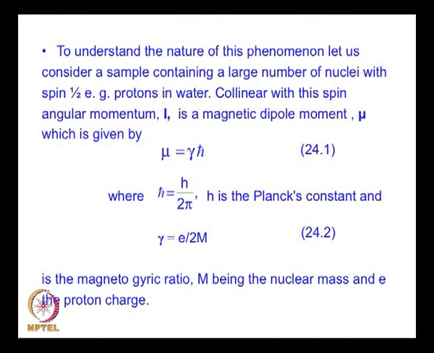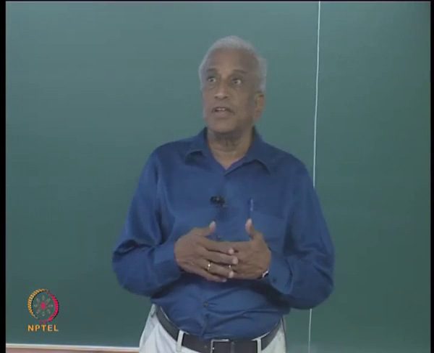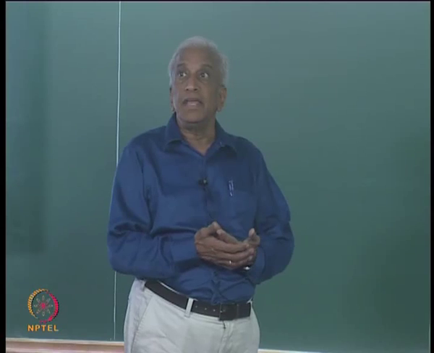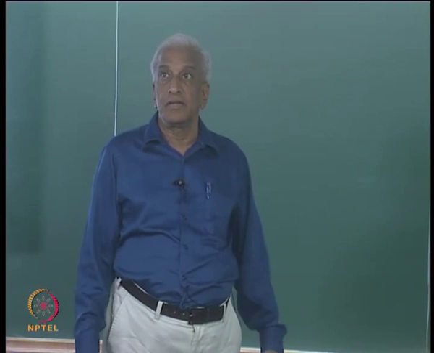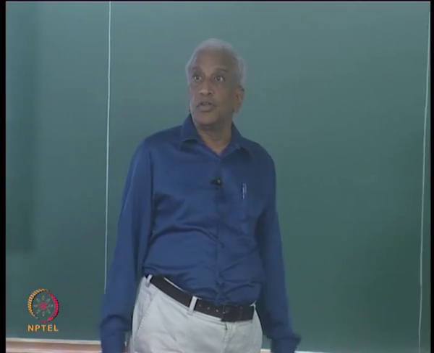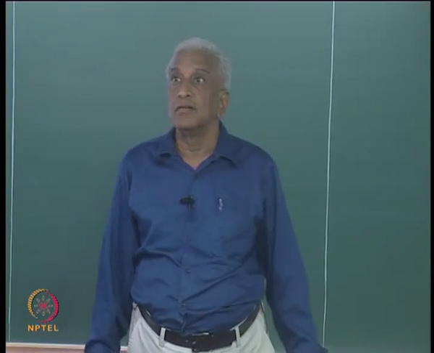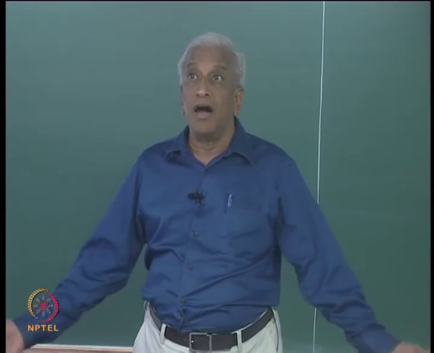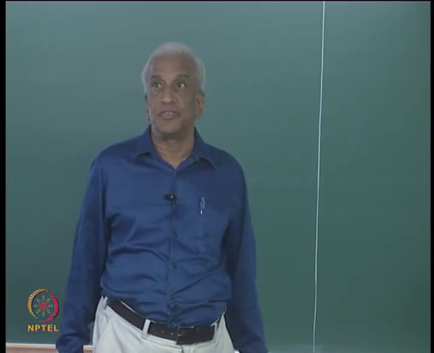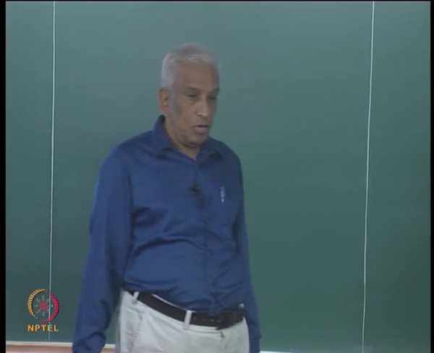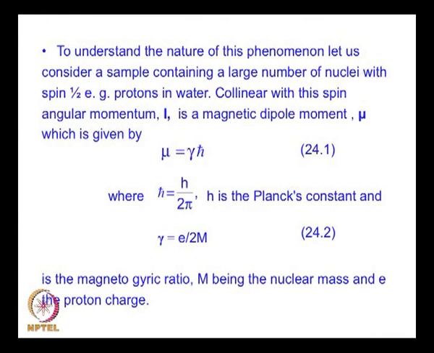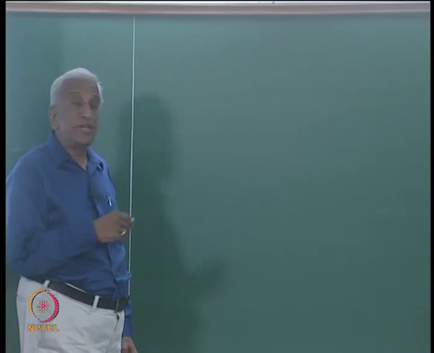To understand the nature of this phenomenon, let us consider a sample containing a large number of nuclei such as protons in water. They have spin half, the simplest nuclear spin system. Whenever there is a spin angular momentum, there is a magnetic moment which is collinear with this spin angular momentum.